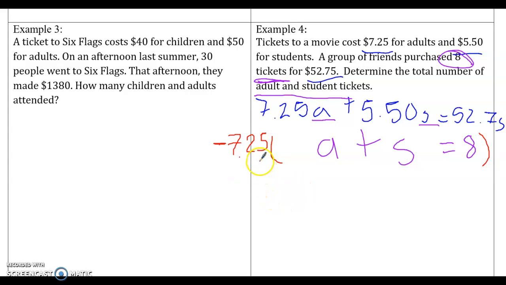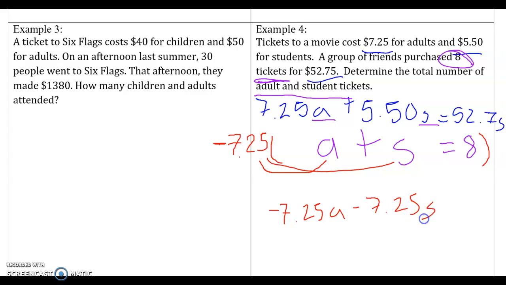So when I do that, negative 7.25A, negative 7.25S, and 7.25 times 8 is negative 58.